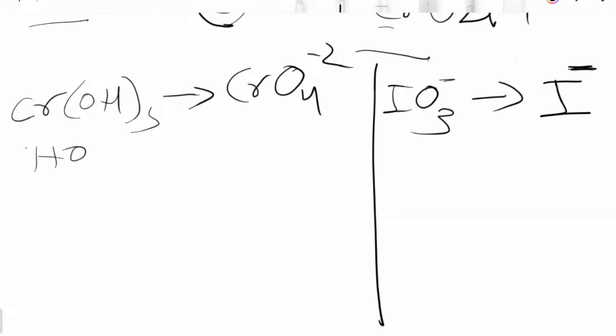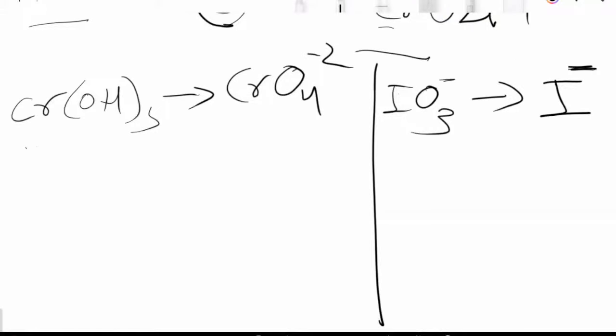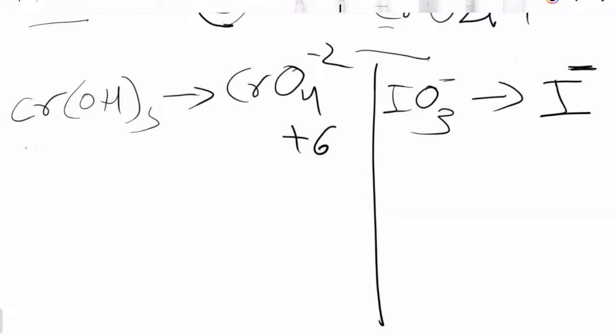So in order to balance, let's multiply the chromium half by 2 on both sides. So here there should be plus 6 electrons.